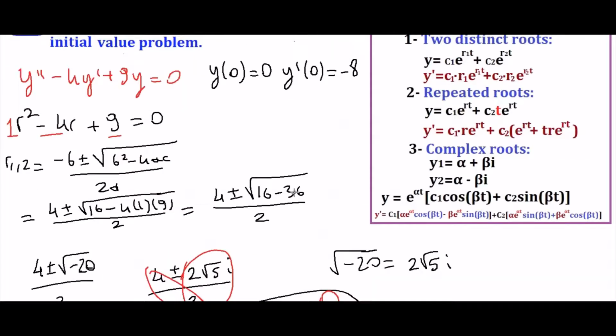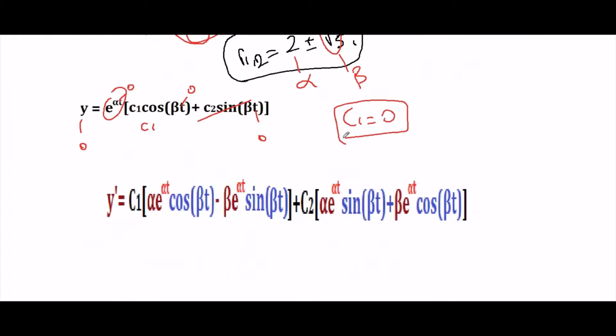And our initial condition is t value is 0, y prime value is negative 8. So our y prime is negative 8. Because our c1 value is 0 and 0 times anything is 0, this term is totally gone.